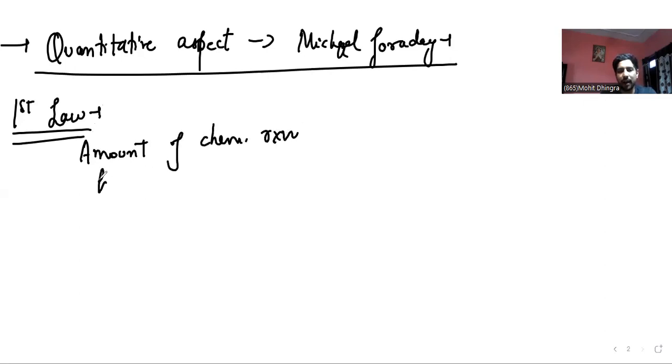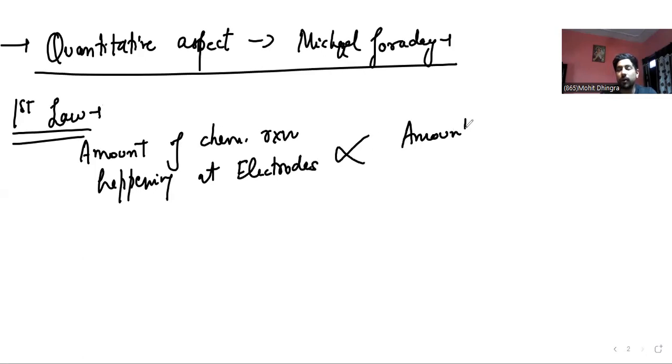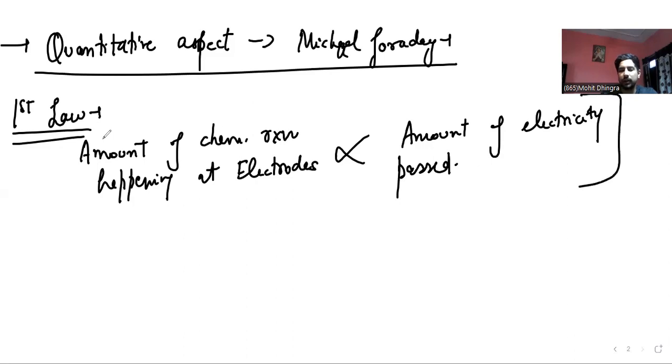That is, how much electricity is passed determines how much chemical reaction, how much oxidation and reduction, is happening in that electrolytic cell. This was the first law of Michael Faraday.